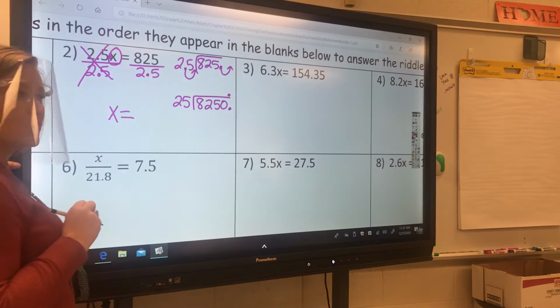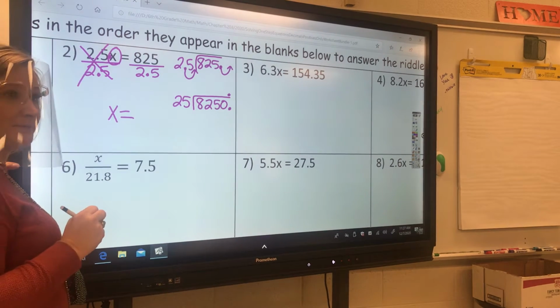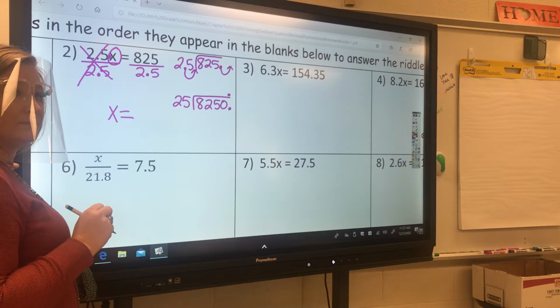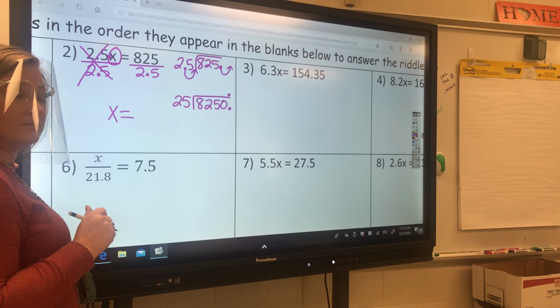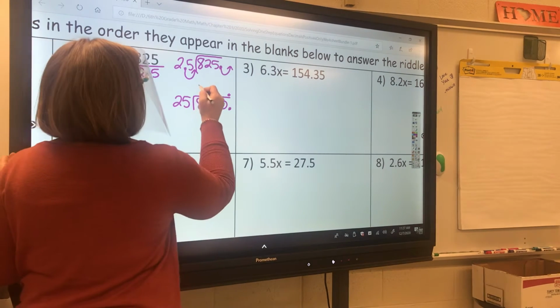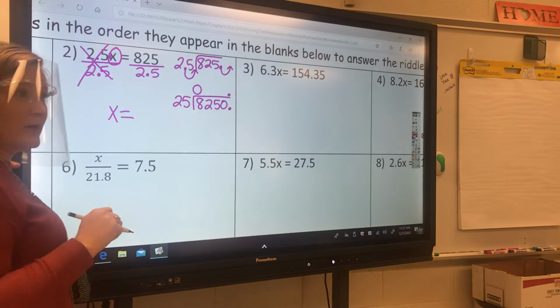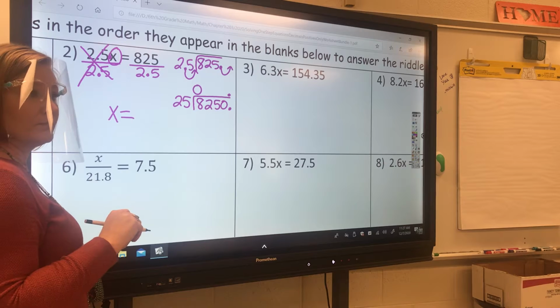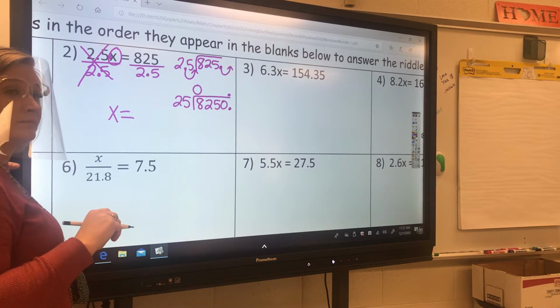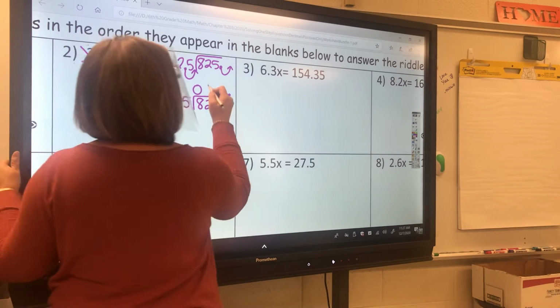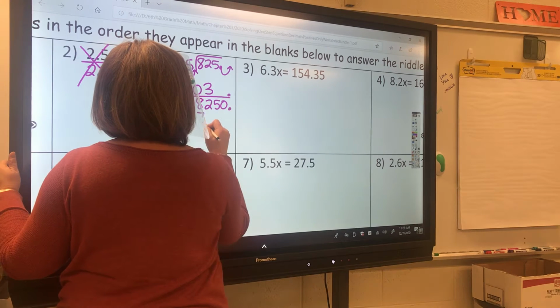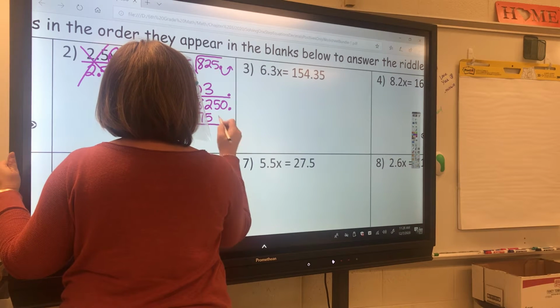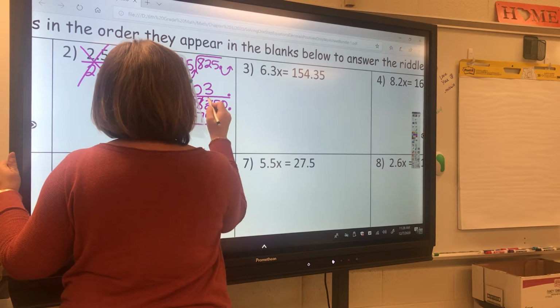How many times will 25 go into 8? 0. How many times will 25 go into 82? 3. 3 times 25 is, if you have 3/4, how much do you have? 75.